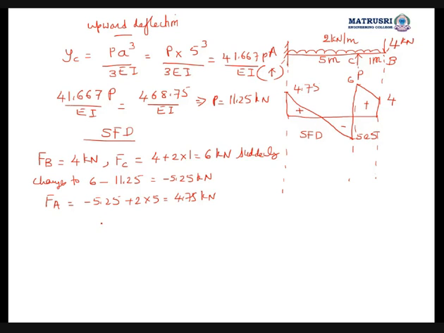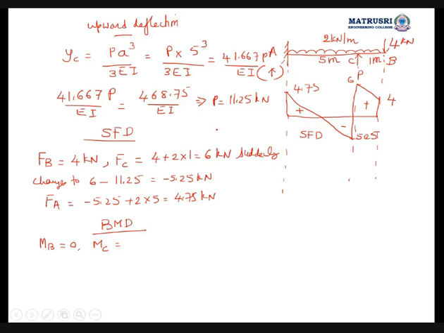Then I'll come to the bending moment diagram. So bending moment diagram, moment about B, 0. Then moment about C, how much? Due to this point load, 4 into 1, clockwise.